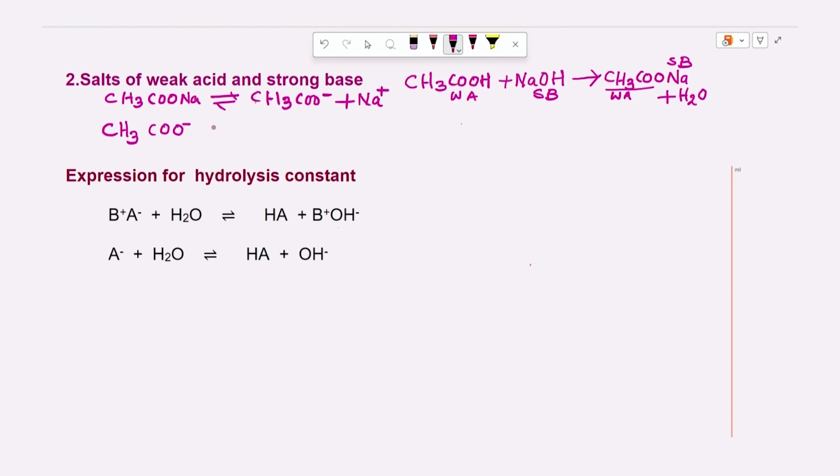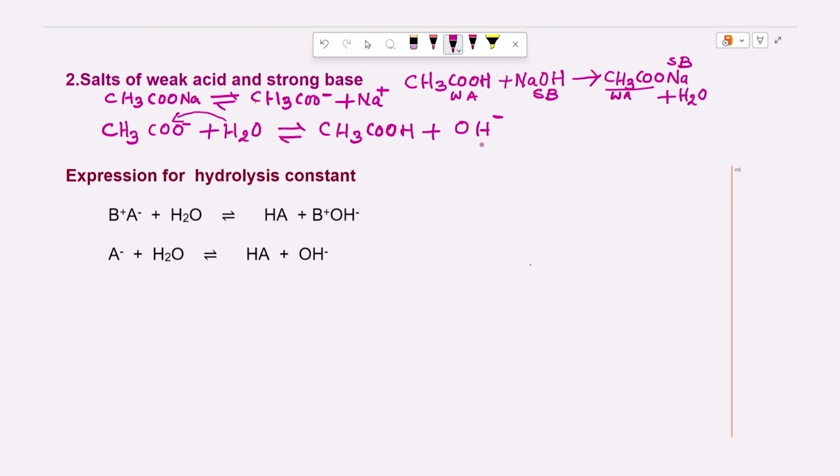Now, the acetate ion being weak, it interacts with water, and water protonates the acetate ion, giving back acetic acid, CH3COOH, and once the water has lost its proton, it changes to OH-.